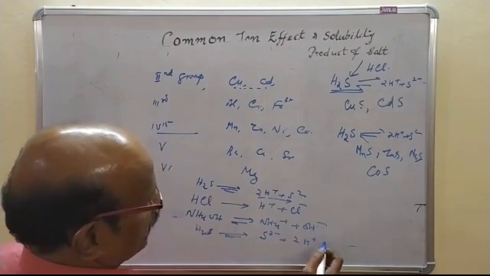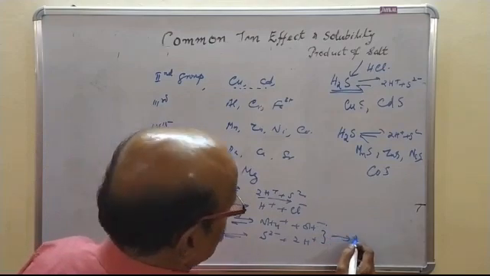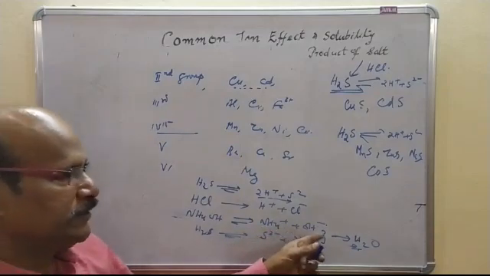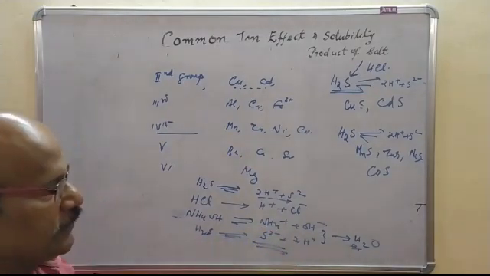The OH minus and H plus combine to give H2O, so the equilibrium shifts to the right and more hydrogen sulfide dissociates.